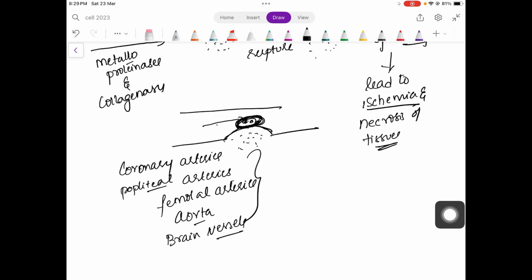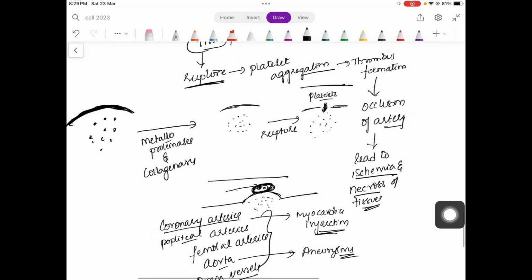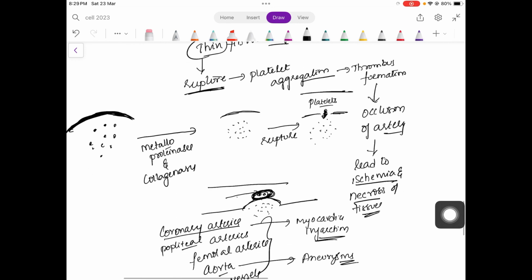So all these tissues undergo ischemia and necrosis. If coronary arteries are occluded, then we'll get myocardial infarction. Sometimes in the aorta, this atherosclerosis will cause aneurysms because the vessel walls will be damaged, and because of the blood flow, they will form aneurysms. So this is the process of how atherosclerosis occurs and causes myocardial infarction.